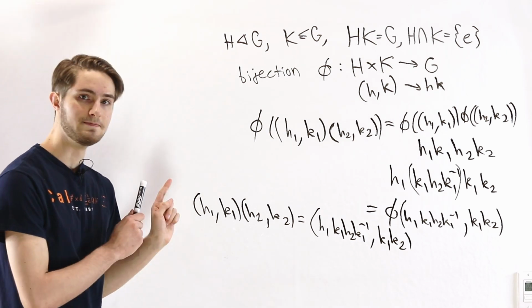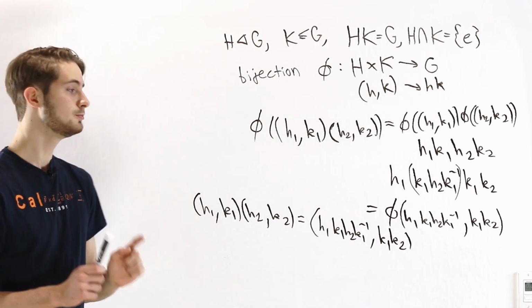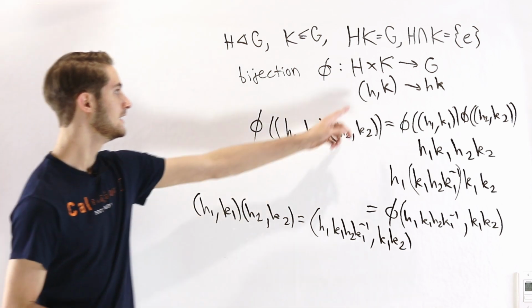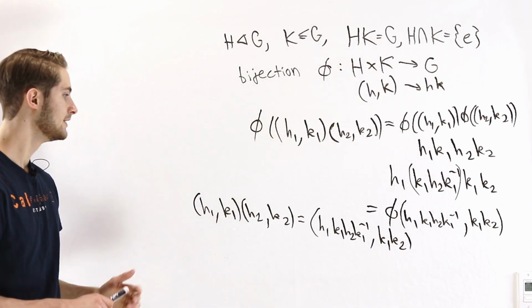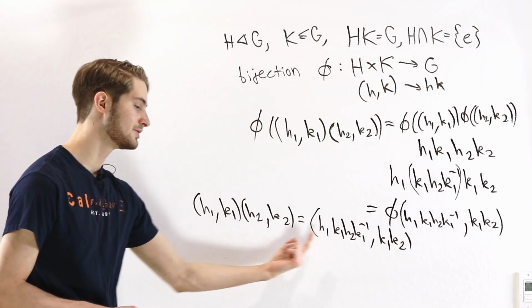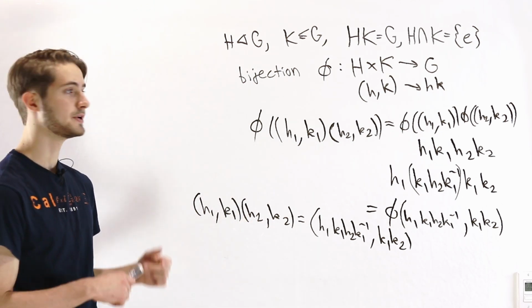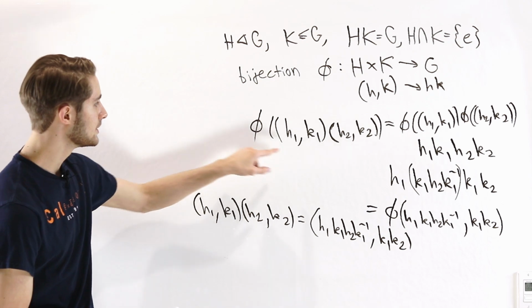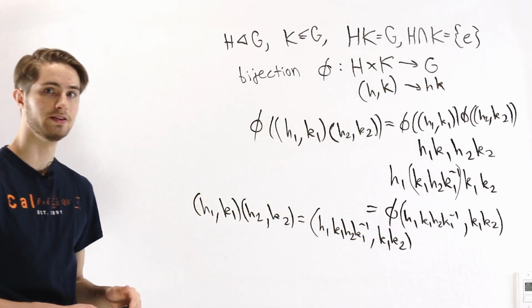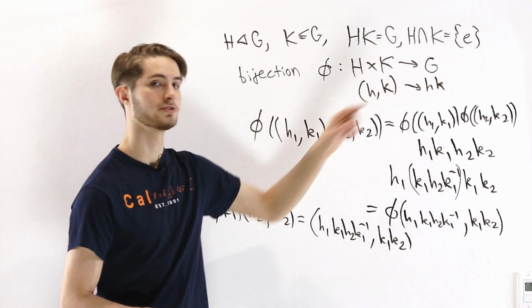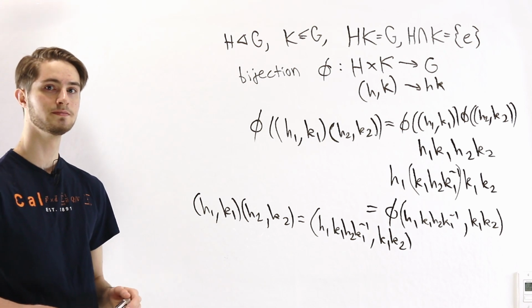And so this immediately gives us the group law for multiplication in H cross K. If we define this to be how we multiply two ordered pairs H, K, then we immediately get that phi is going to be a homomorphism, and therefore this is an isomorphism from H cross K to G.